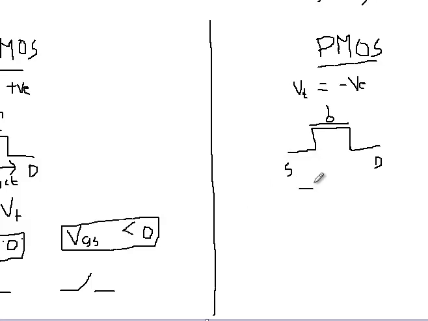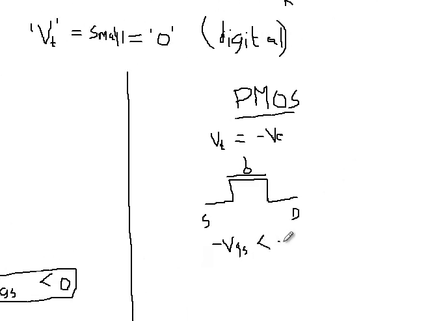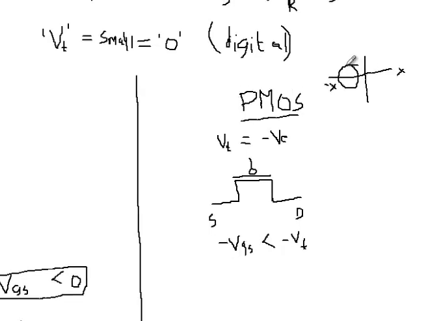We are saying that when VT is negative, your VGS should be less than VT, a negative value. Basically, if you draw a number line over here, with this your positive X and this your negative X, the voltages for operating the PMOS will lie in the negative area.